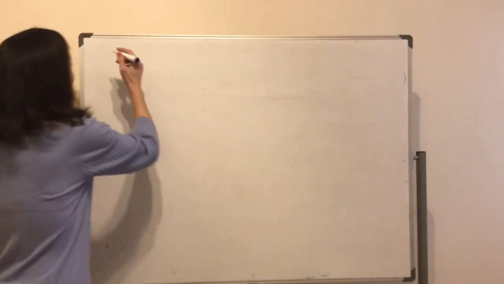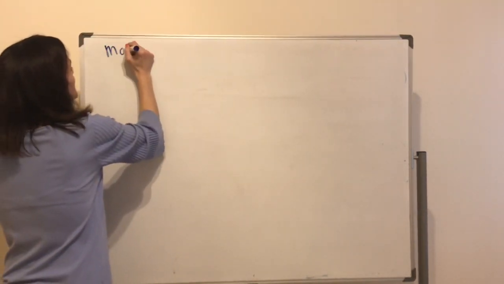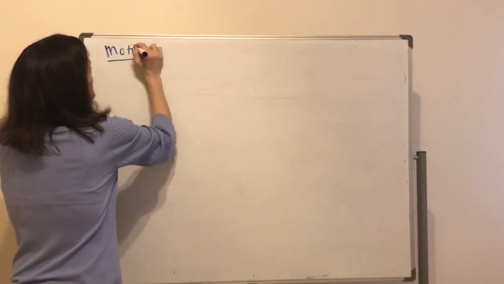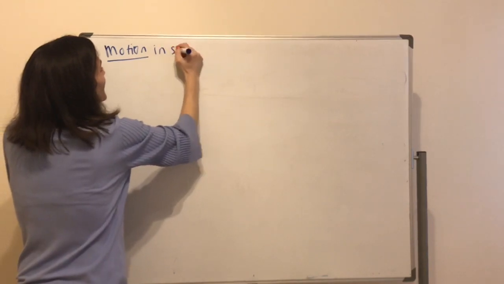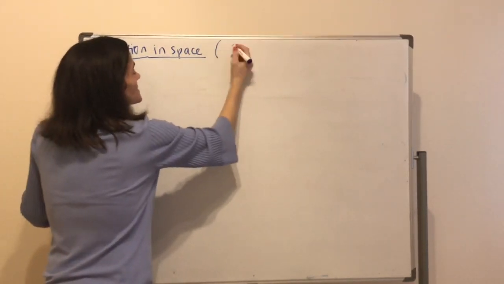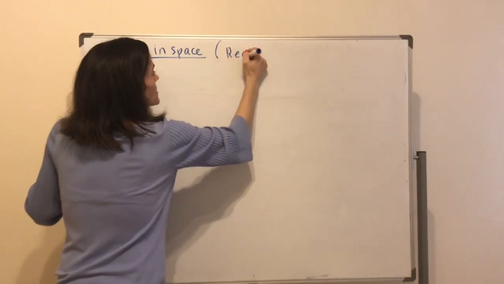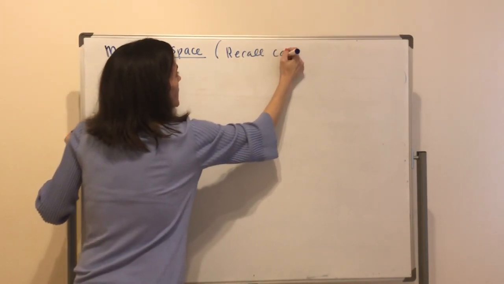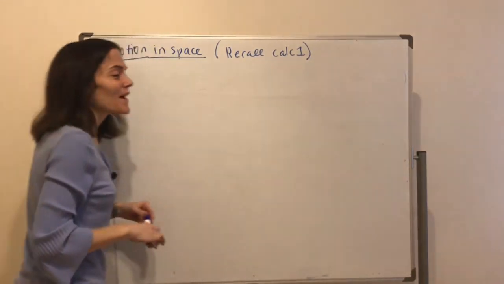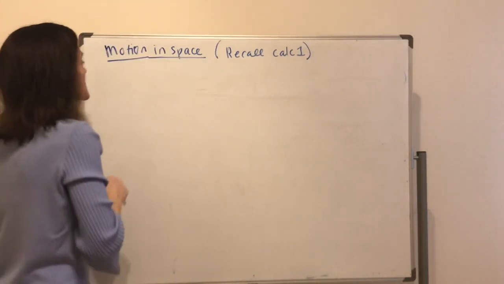Next, let's move up in dimensions. So let's talk about motion in space. Okay. Now, this is also sort of a recall of Calc 1. In fact, we spent time on this in Calc 1, but I will remind you of some things.